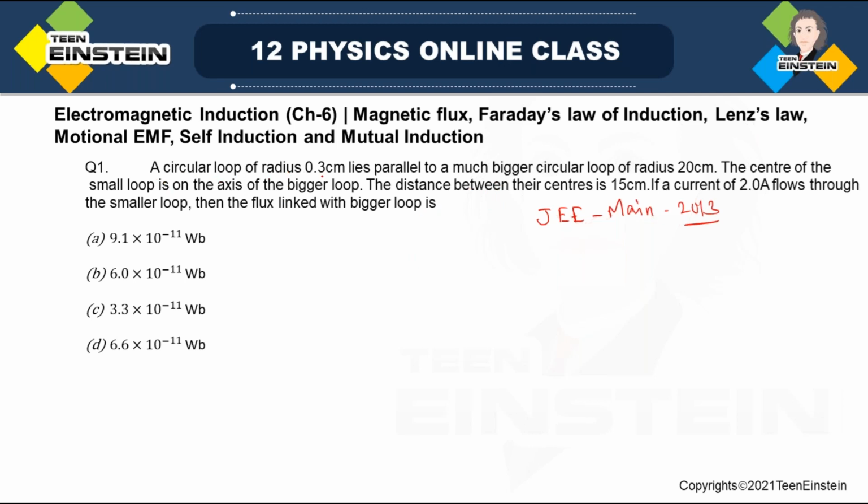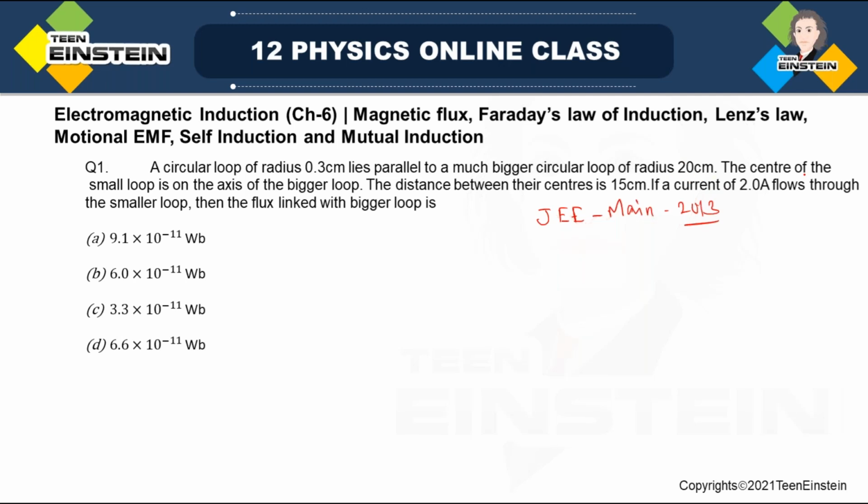A circular loop of radius 0.3 centimeter lies parallel to a much bigger circular loop of radius 20 centimeters.